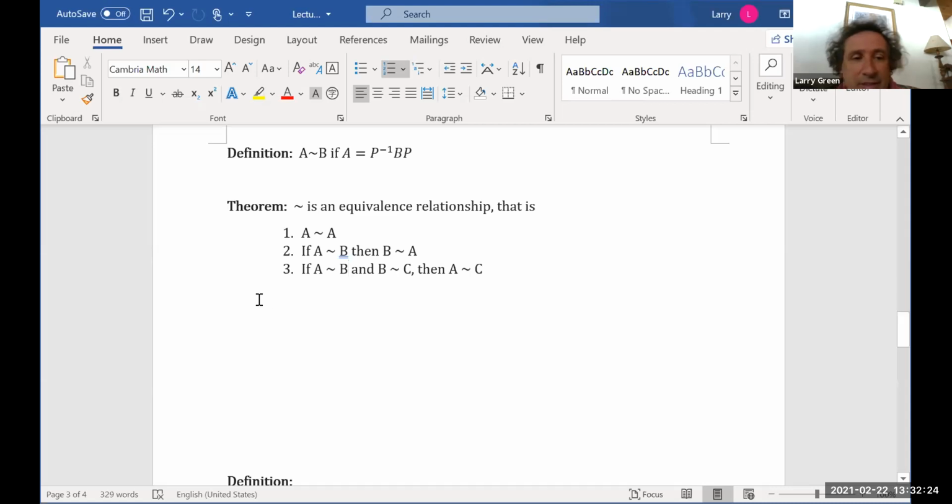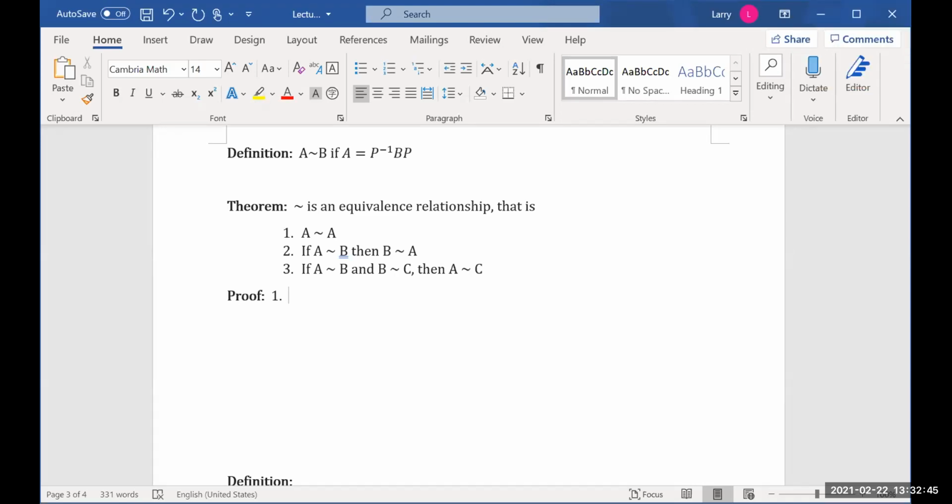So I should prove this because I like proofs that are easy. Do you too? So here's the proof. I have 3 things to prove. This is really easy. How do you prove number 1? That A is equivalent to A?